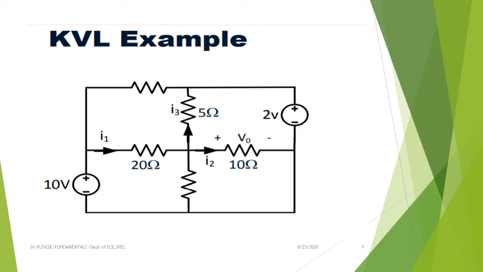I1 flows like this, and while coming to this node, the current definitely divides like this. That means the amount of current entering the node is equal to the amount of current leaving the node. So I1 is equal to I3 plus I2, and in general if you have denoted any I4 or something else, the current equation like Kirchhoff's current law has to be satisfied.